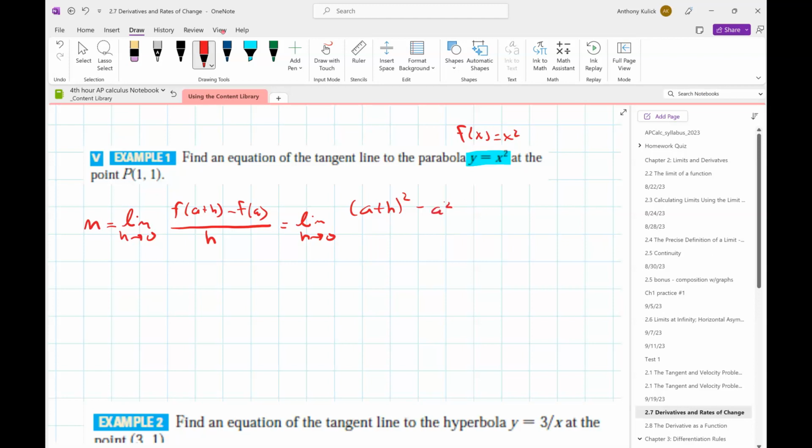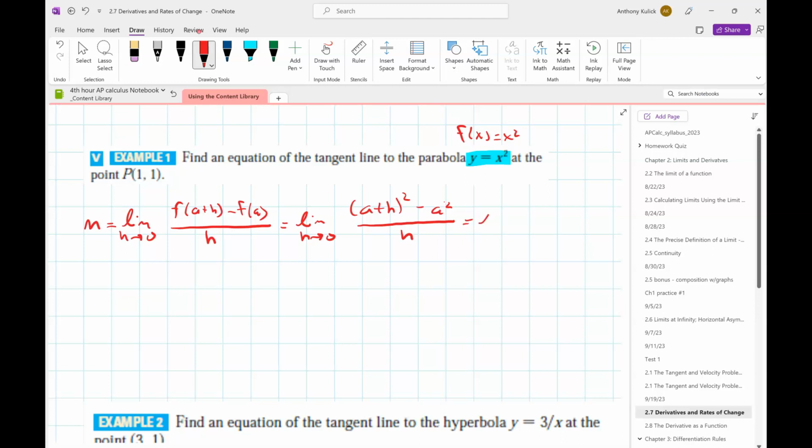A squared, all over h. Just real quick, why am I bothering to do this? What about what's going on with the first limit that I'm continuing? I didn't even bother trying to evaluate it right there. There's 0 at the bottom. If I did a direct substitution, I would get 0 over 0, right? So there's nothing I can do with direct substitution. I've got to grind here a little bit and hope that it works itself out.